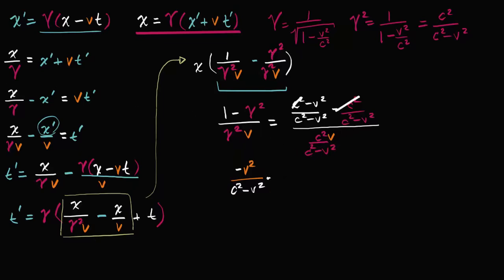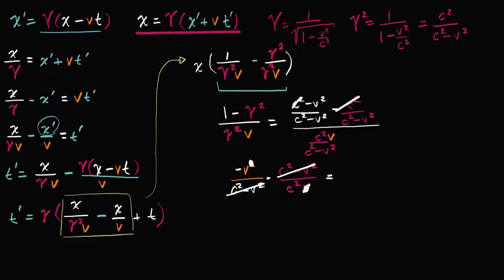So times c squared minus v squared over c squared times v. And we are now in the home stretch. We could do some simplification now. That's going to cancel with that. And then v squared divided by v, you're just going to be left with a v right over there. So all of this crazy business has simplified to a negative v.